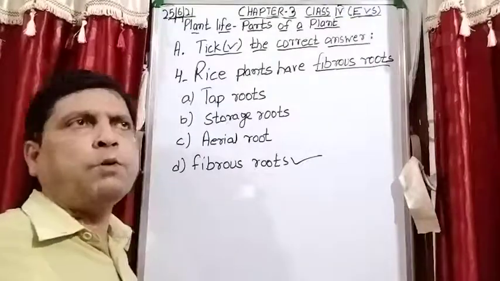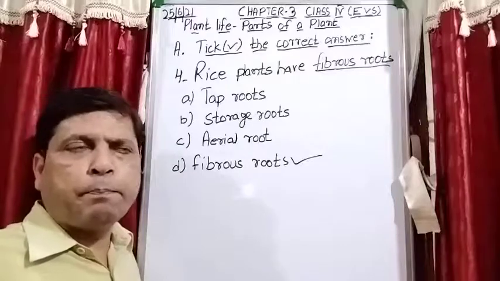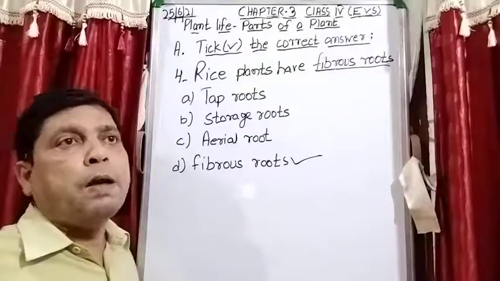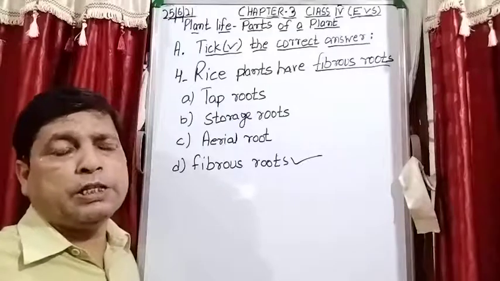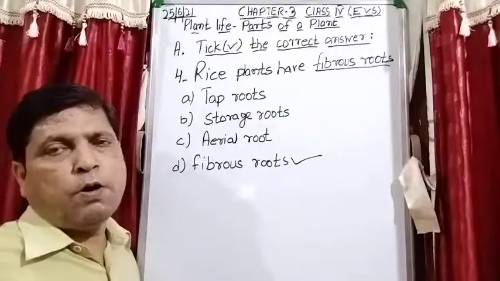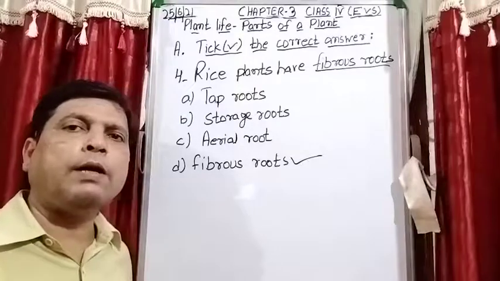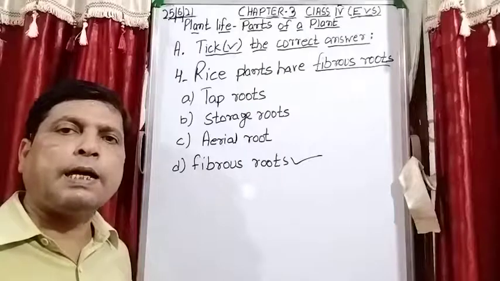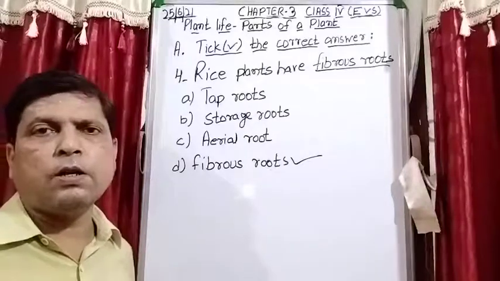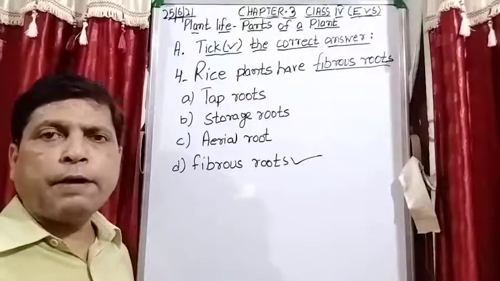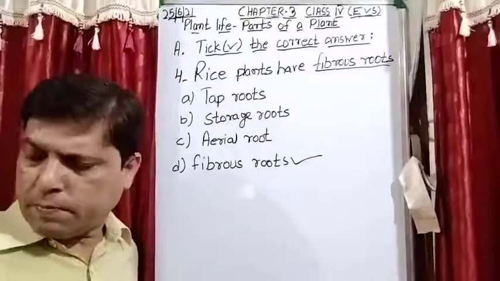From the base of the stem you will see many roots of the same size spread in all the directions. They are known as fibrous root. So fibrous root is the right answer.